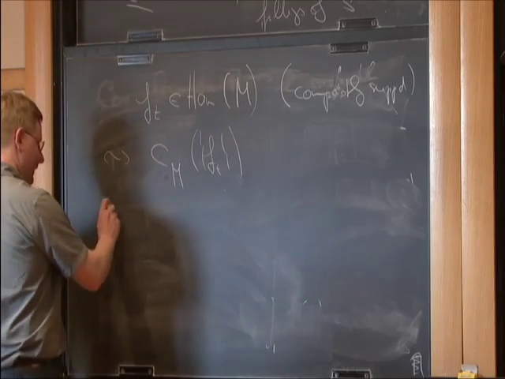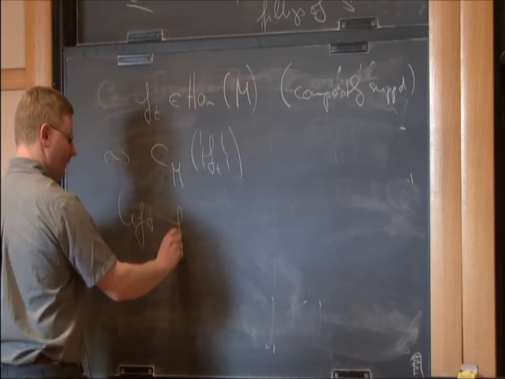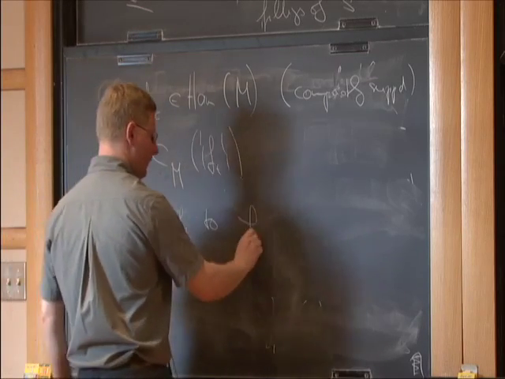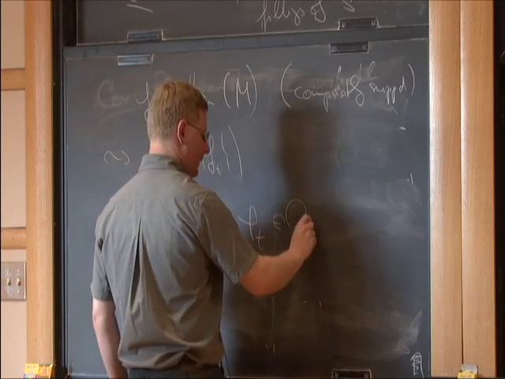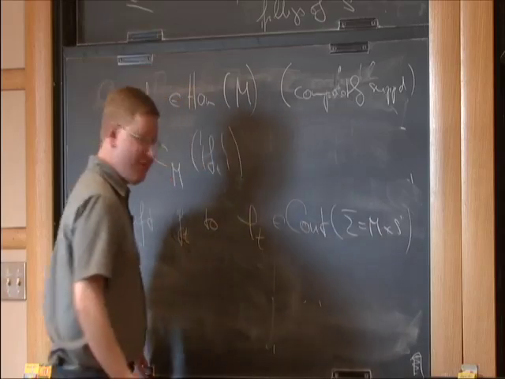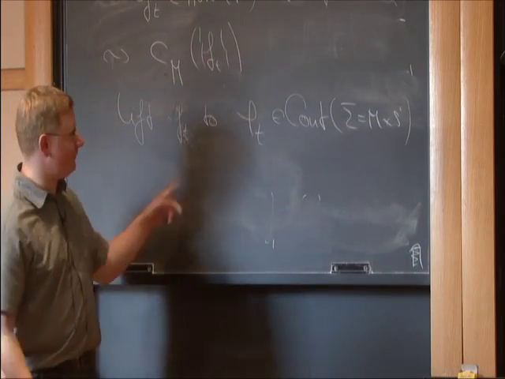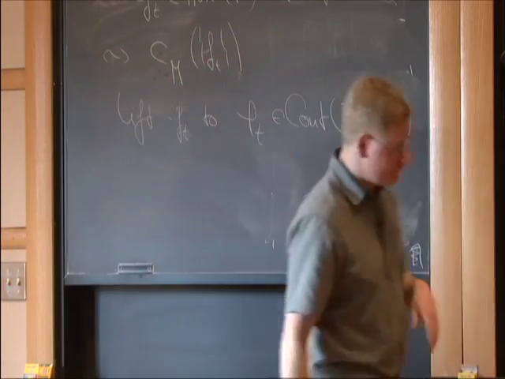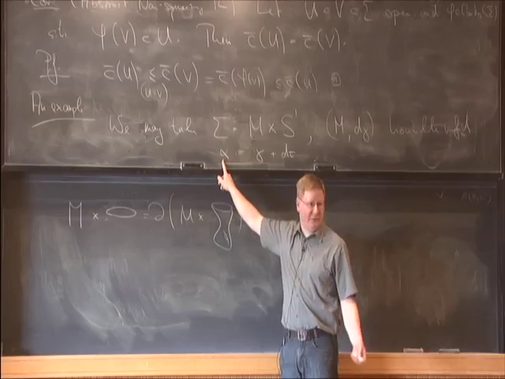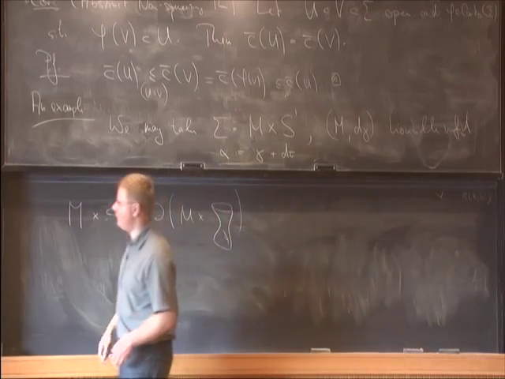So what you can do is lift phi^F_t to phi_t in Cont(Sigma), which is M cross S1. Whenever you have a set of Hamiltonian diffeomorphisms, you can lift it to contactomorphisms. In fact, they're exact contactomorphisms, so they really preserve the alpha. Just write down what the condition is, and then you see what you need to do to lift them.